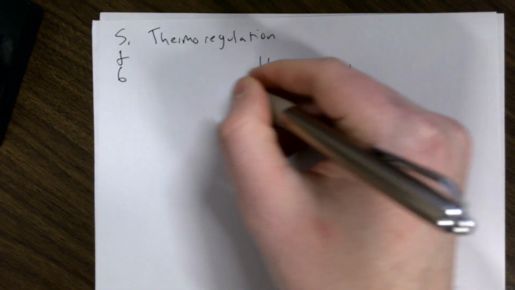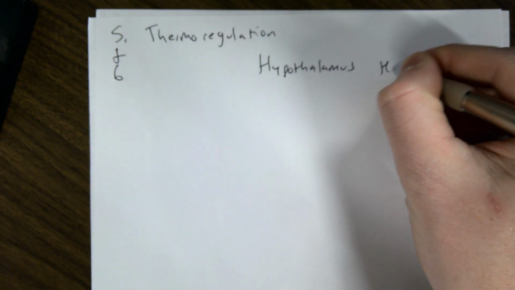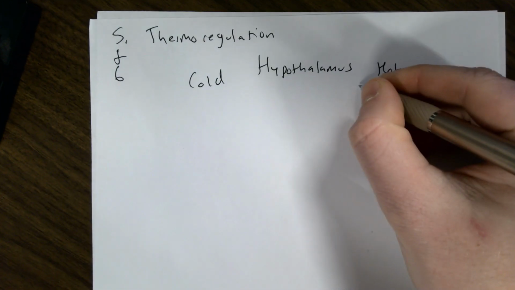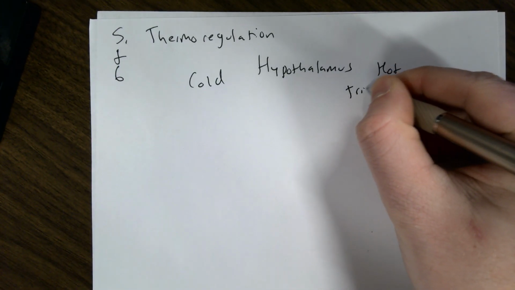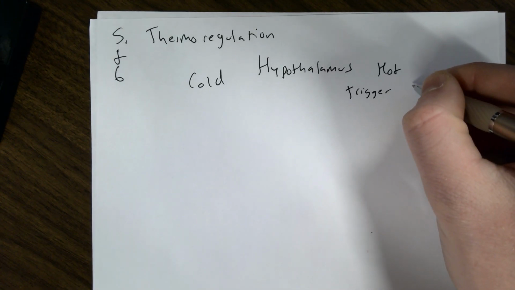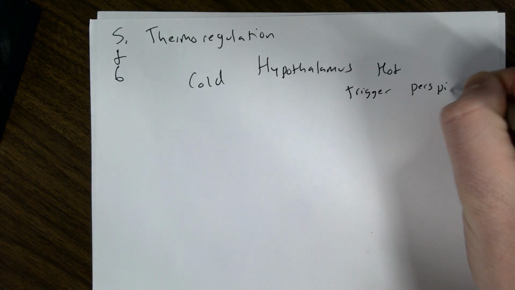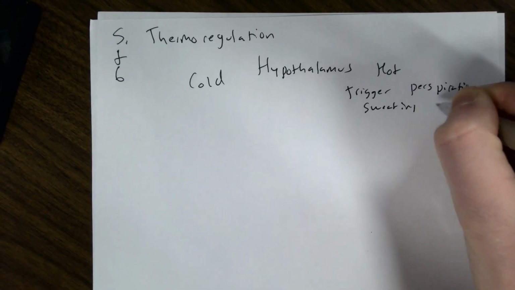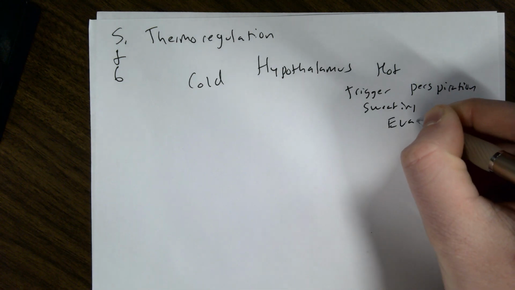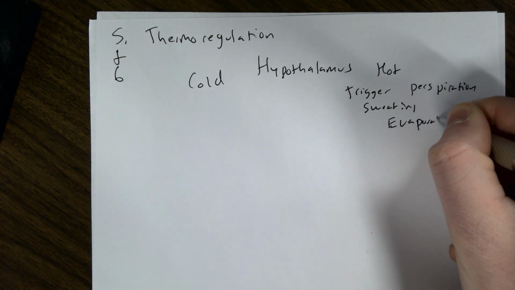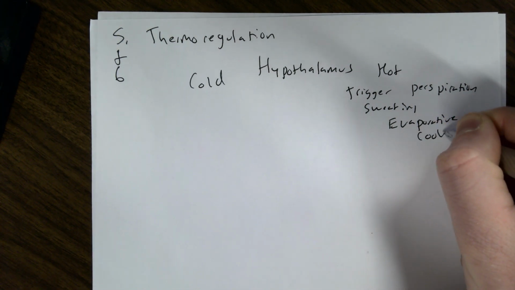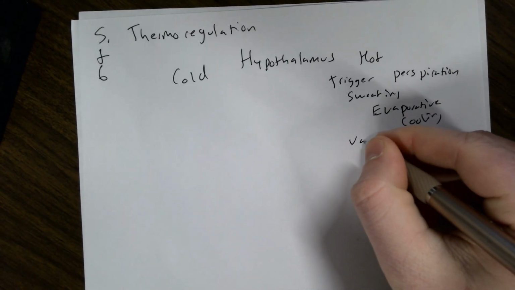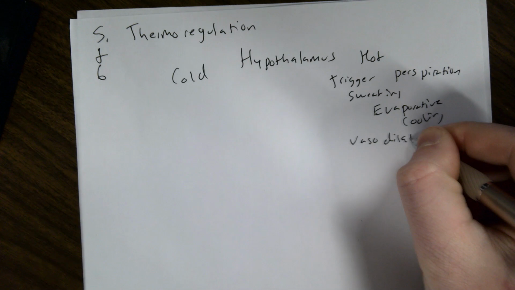Let's split it into hot and cold. If it's hot, it's going to trigger perspiration or sweating. That's evaporative cooling: you cool by letting the water evaporate off your skin. It's also going to trigger vasodilation to bring blood to the surface to release heat.